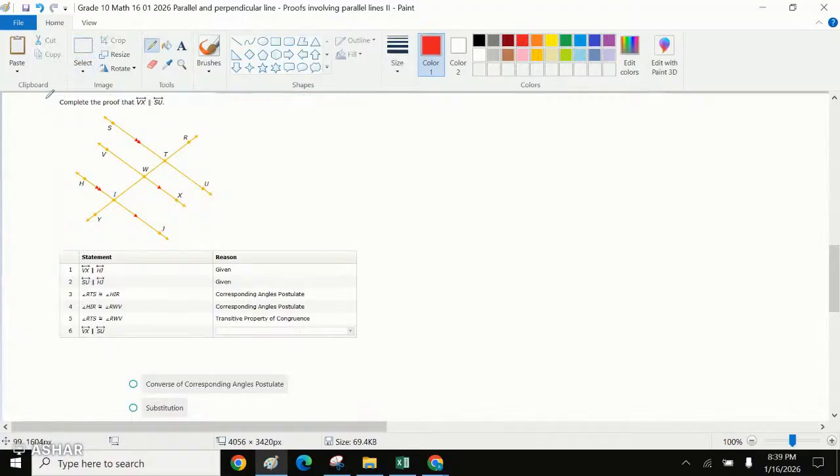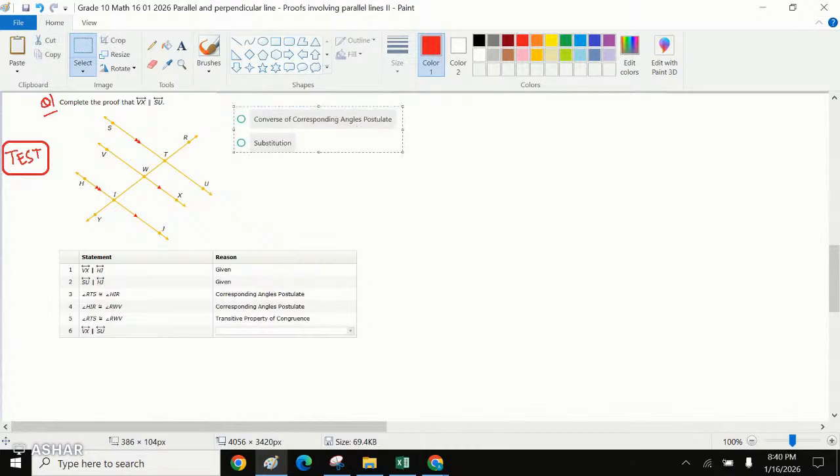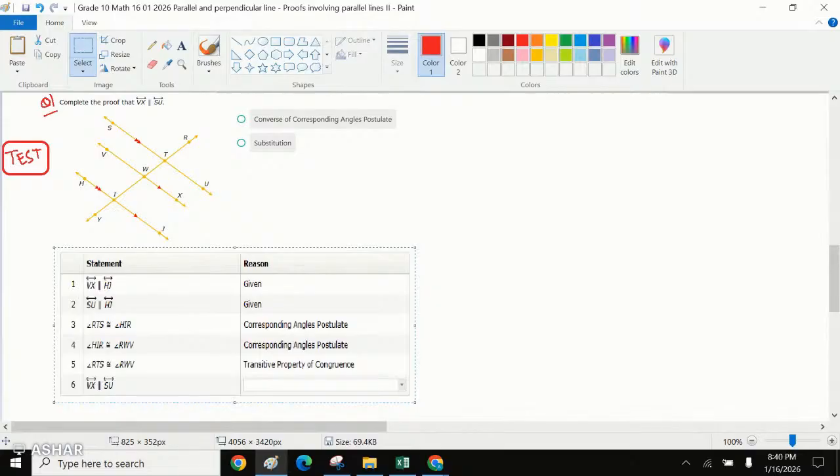This is question number 1 from the test that's given on the website. We are given these two conditions, the possible answers, and these statements.